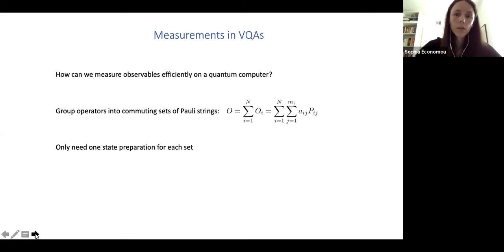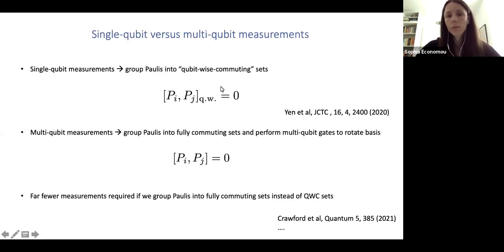But still, how to separate them out into these commuting sets is a very non-obvious and non-trivial problem. People have suggested different things. One thing you can do is be very restrictive and make these qubit-wise commuting. You can do better in terms of the number of measurements if these are commuting but not qubit-wise commuting, so a more general approach.